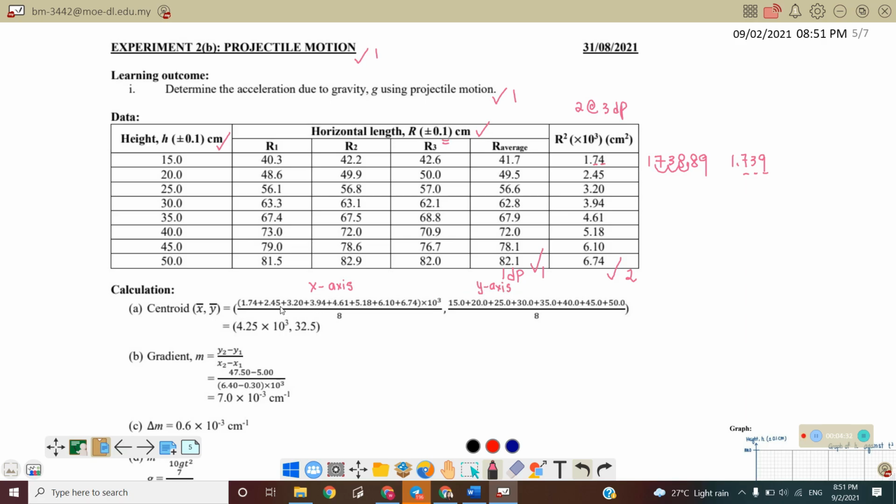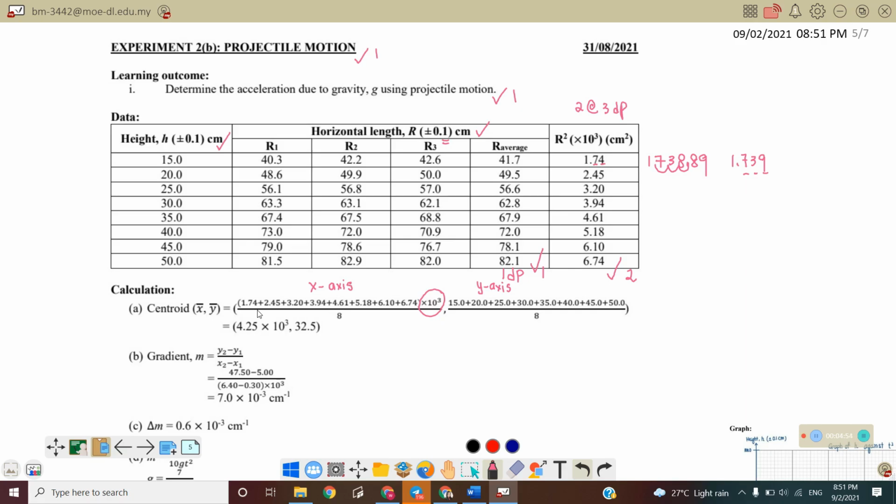For the x-axis, you just copy down whatever you wrote in the table: 1.74 plus 2.45 plus 3.20. You copy down everything, and remember you must also copy down the times 10 to the power of 3, because this is not 1.74, this is actually 1740.